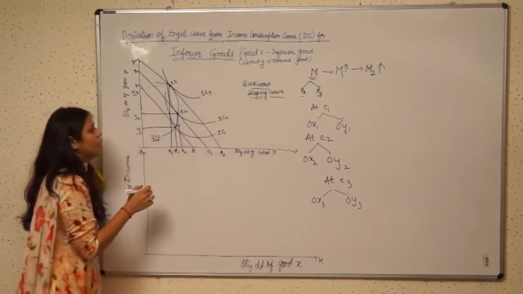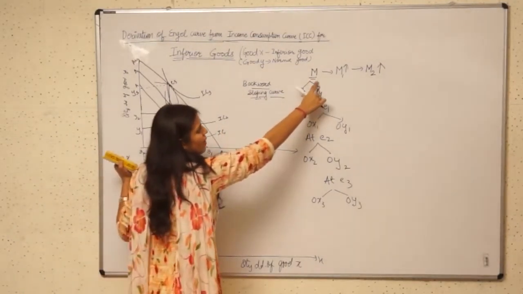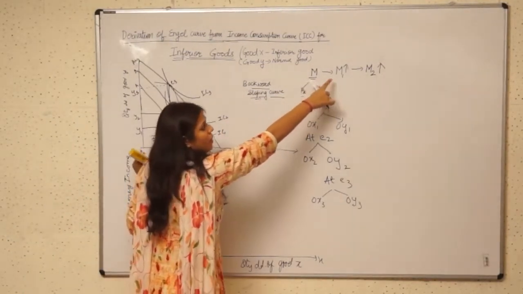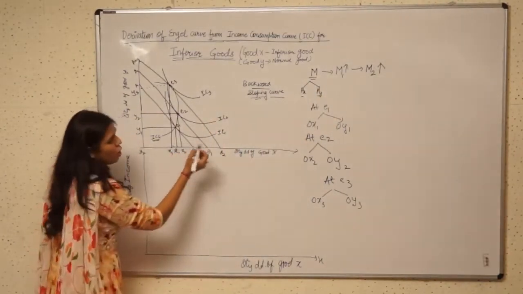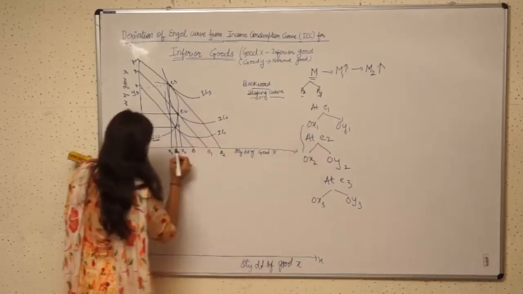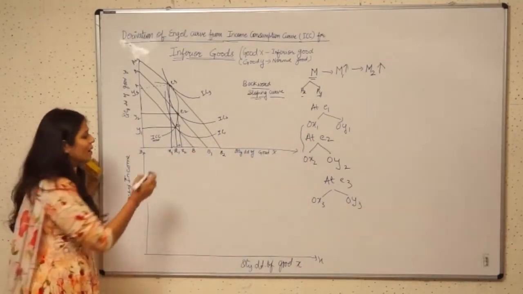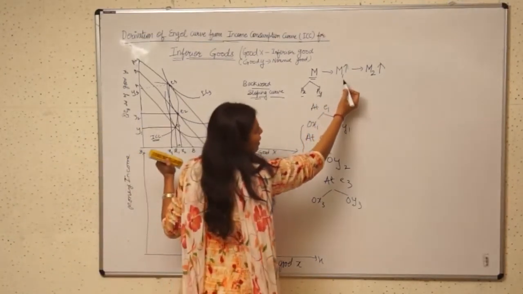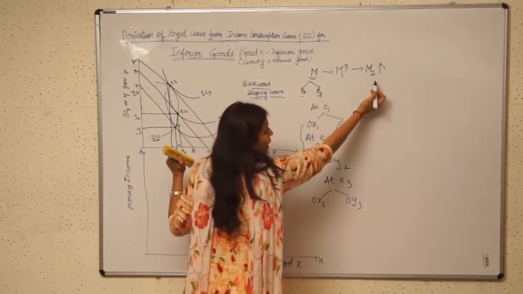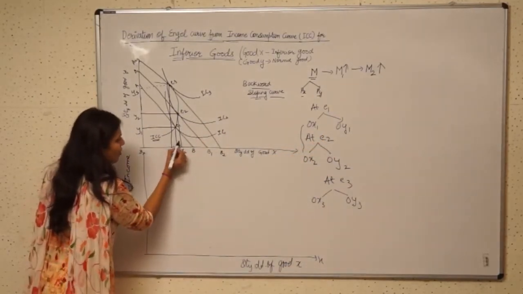And another important thing to be noted here, that when the income of a consumer has increased from M to M1, there is an increase in the consumption of quantity X from OX1 to OX2, but a very little increase can be seen. When further the money income increased from M1 to M2, there is a decrease in the quantity of X from X2 to X3.